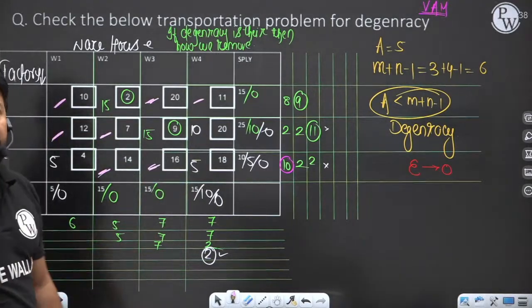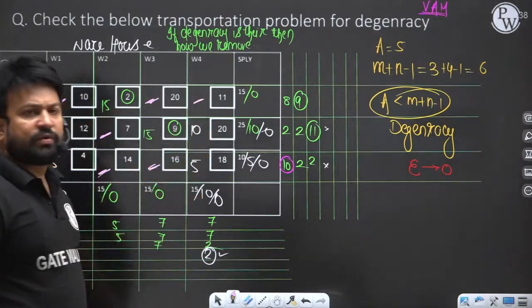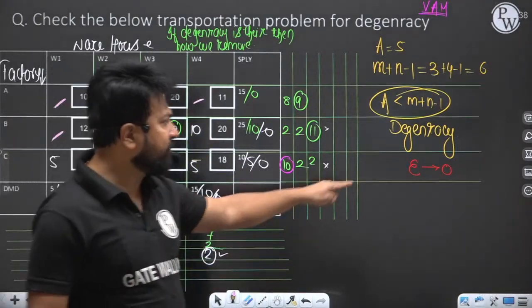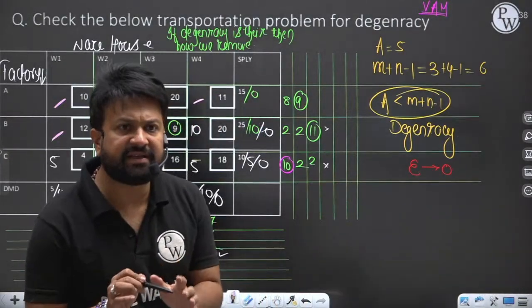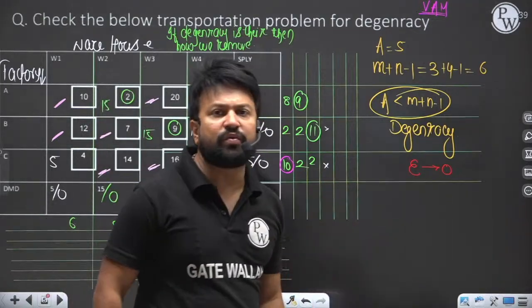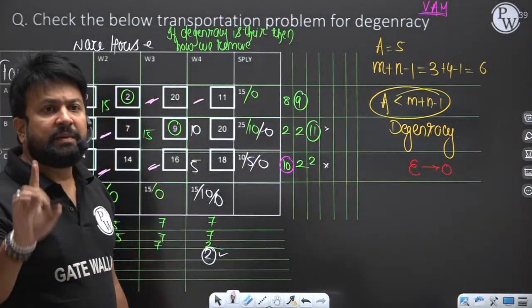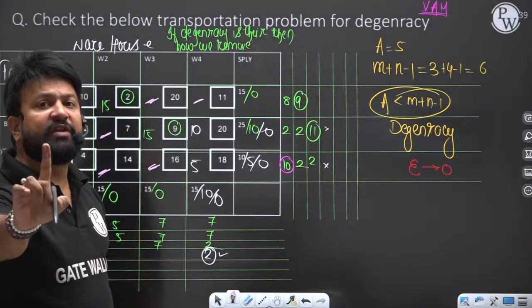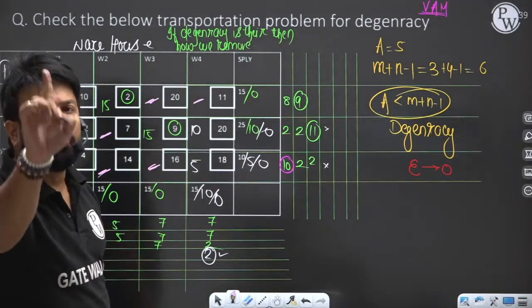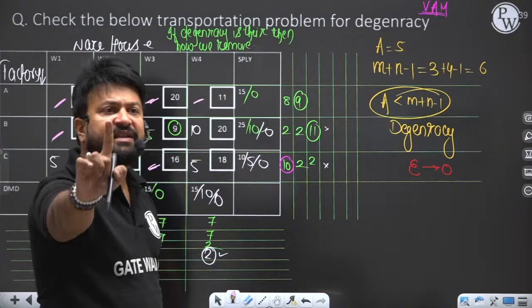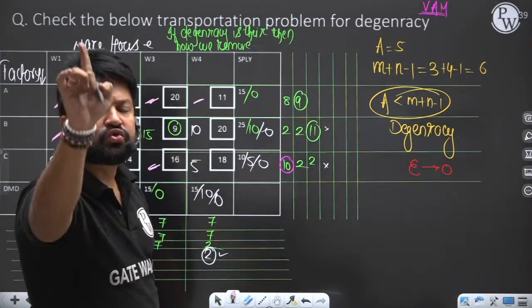So out of these unallocated cells, you have to allocate eta, which has a value that tends to 0. But it should be ensured that there will be no closed loop.